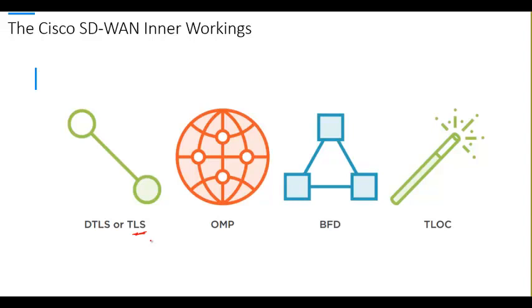So DTLS is what is used. Datagram Transport Layer Security. TLS is between the other controllers and the WAN edge, except the vBond.